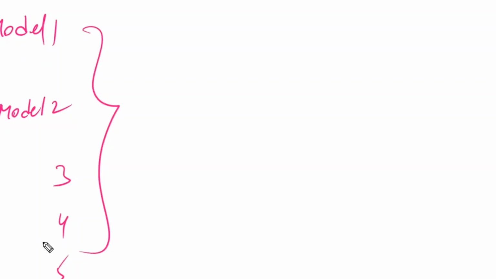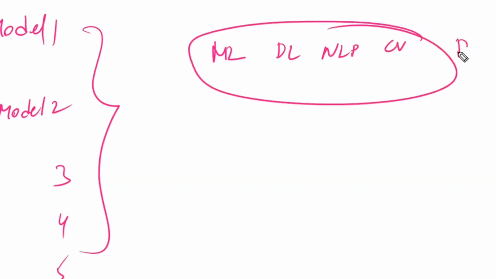The data scientist's work is, if you are able to do the same thing in deep learning also, for images also, for text data also, for any type of data, then you are called a data scientist. That is the only difference. If you are able to apply only machine learning algorithms and you don't know deep learning, then you are called a machine learning engineer. If you know deep learning algorithms, if you know NLP, if you know OpenCV computer vision, if you know all these things, then you are called a data scientist.